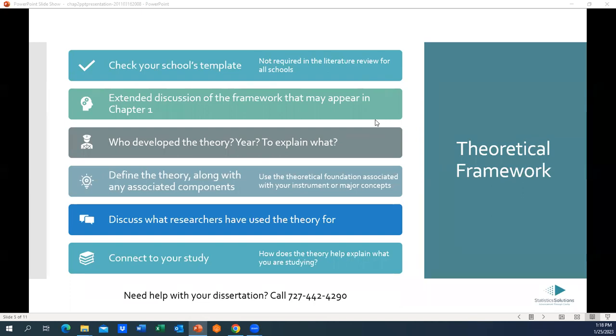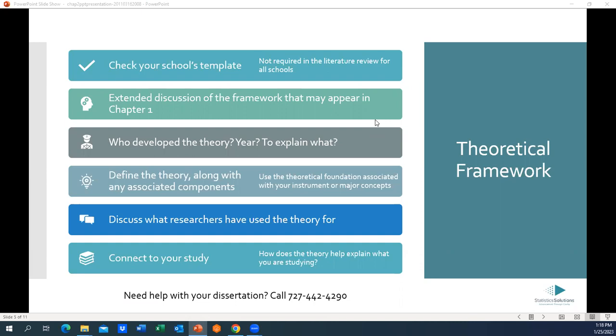Okay, and I think the best way to talk about this is by using examples. Let's say we're conducting a quantitative study on the connection between transformational leadership and emotional intelligence. Okay. So we need a theoretical framework, right?